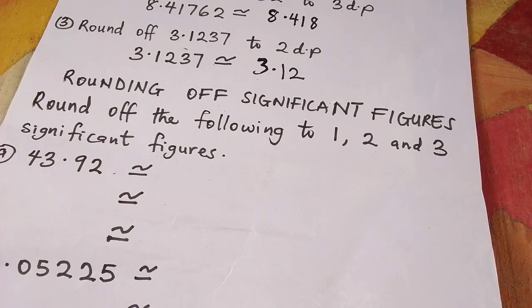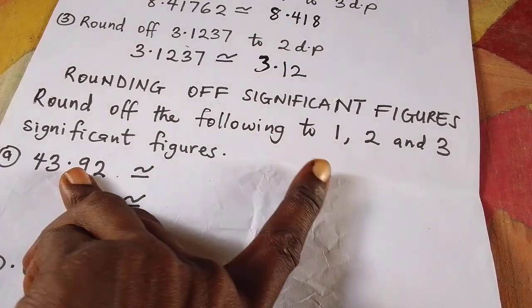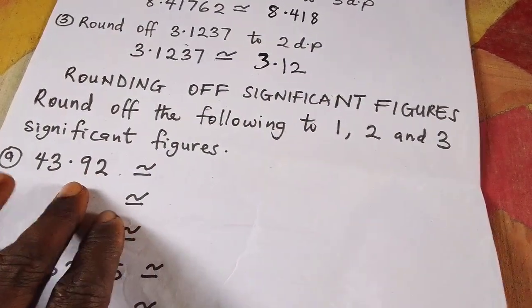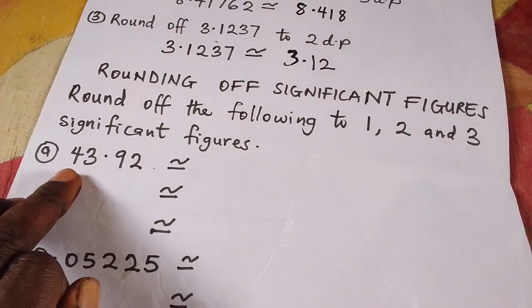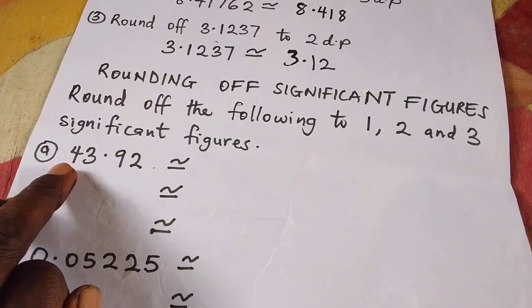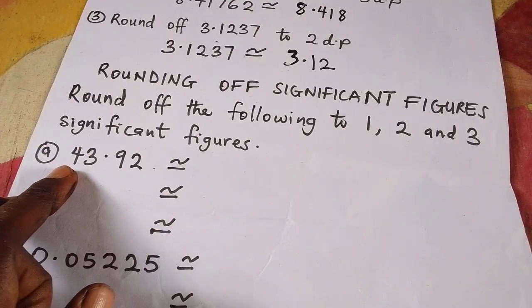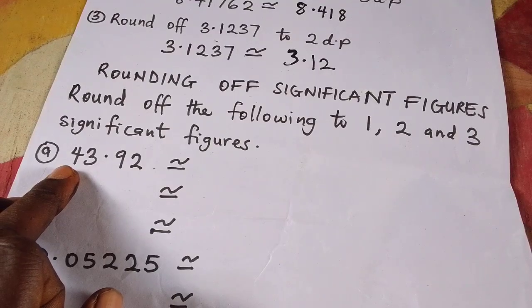Now let's look at this. This question says, round off the following to 1, 2, and 3 significant figures. If I want to round this off to 1 significant figure, since the first number here is 4, I'll start counting from here. This is 4. Anytime you round off whole numbers, the other numbers you are removing turn to 0.